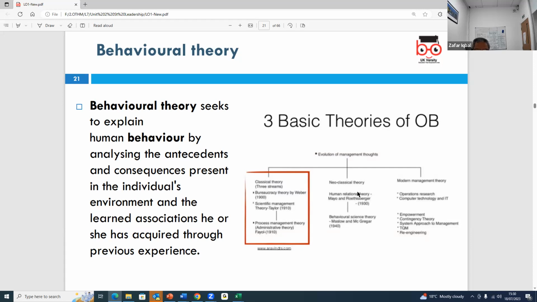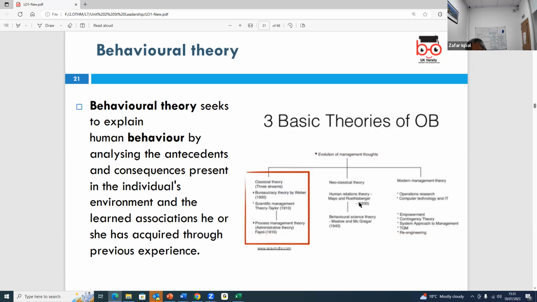So they introduced a human touch, human relations, into that scientific and classical theory.